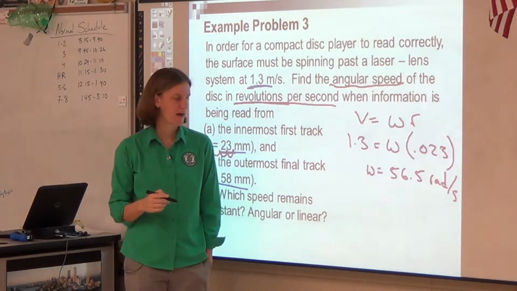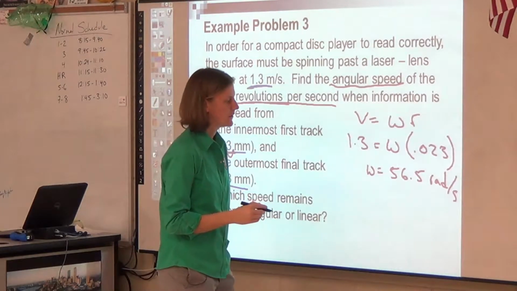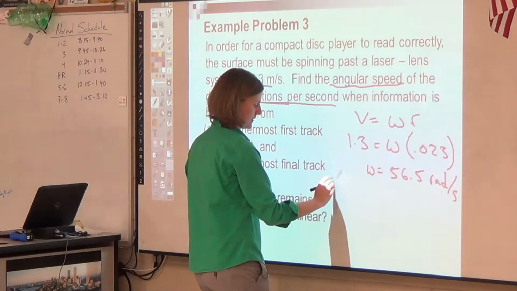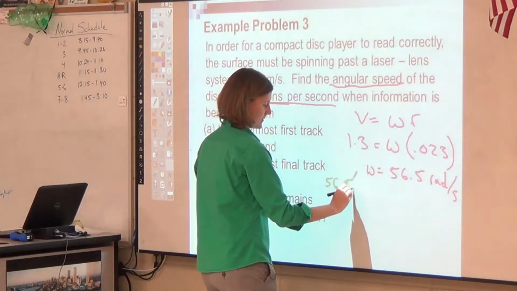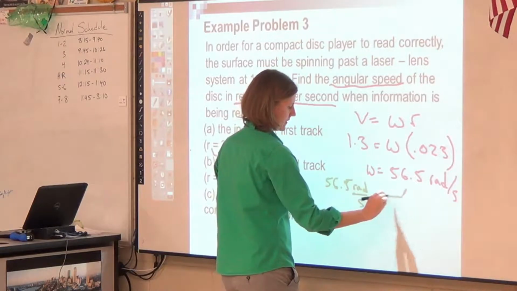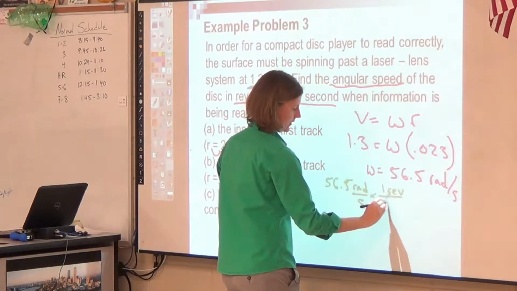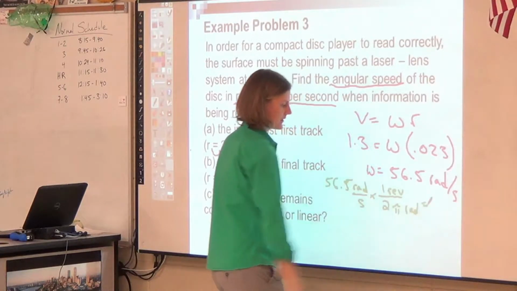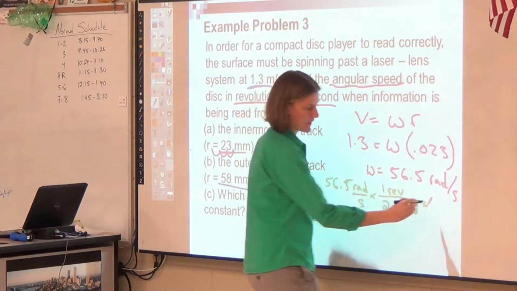So if I got 56.5 in part A, I'm expecting something smaller in part B. And also it did say convert this to revolutions per second, not radians per second. So don't forget that 1 revolution is the same thing as 2 pi radians. So divide by 2 pi.